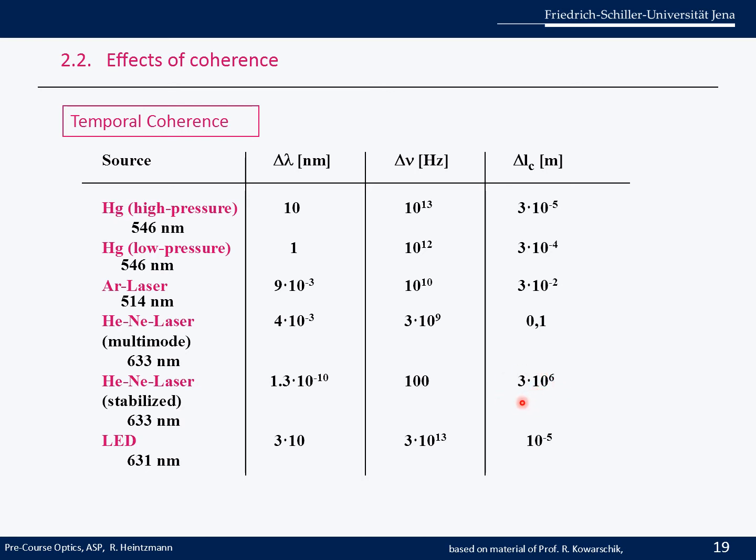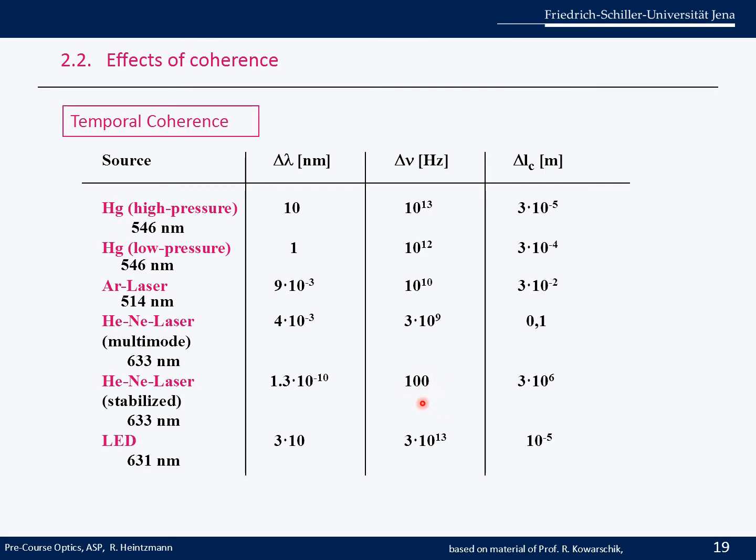That means you can send this light for many kilometers, thousands of kilometers, and you can still interfere the light with itself after this much delay. So it's a very, very precise frequency, and you see that the spread in wavelengths is extremely small, as is the spread in frequency.